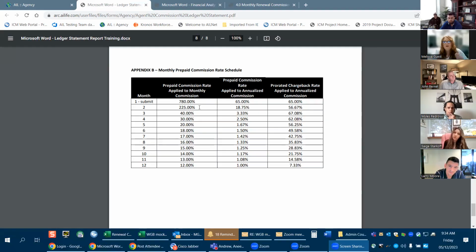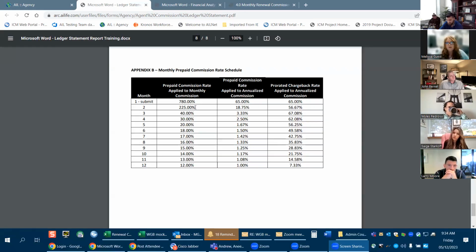Whenever an agent is consistently writing business and that business is consistently getting issued and delivered, this really helps with their cash flow on the monthly renewal release, because we're advancing so much to their ledger balance. It helps their ledger balances clear very quickly, and it allows them to receive a renewal release.